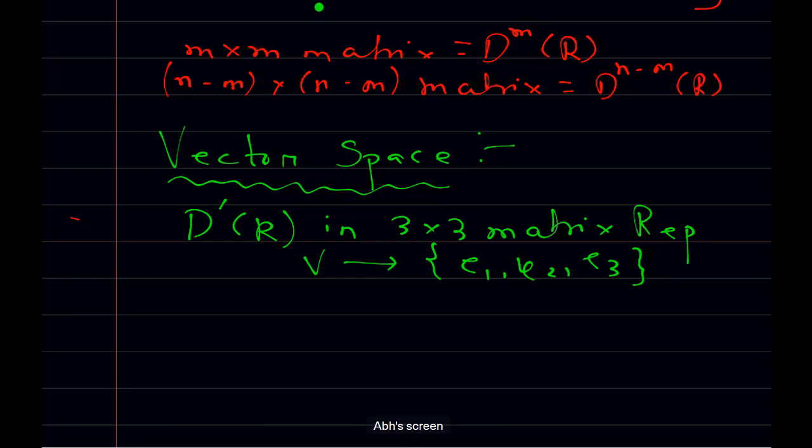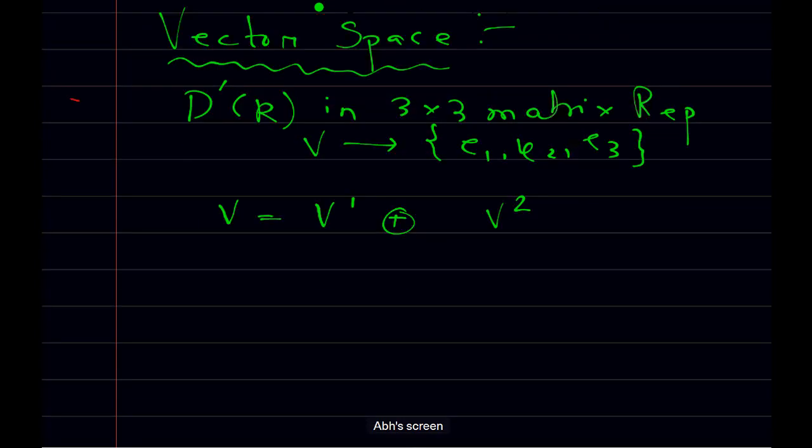It turns out that if the vector space V can itself be written as a direct sum of 2 other vector spaces, then this gives you a hint about the fact that D prime of R can be reducible.